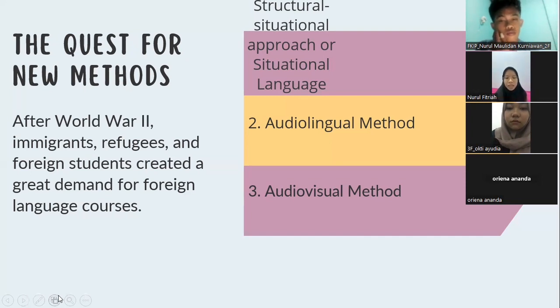And the third method is the audiovisual method. It is a similar method to the audiolingual method, but it was developed in Europe and became known as the audiovisual method because of its use of visual means for presenting and practicing new language items. And next, please.